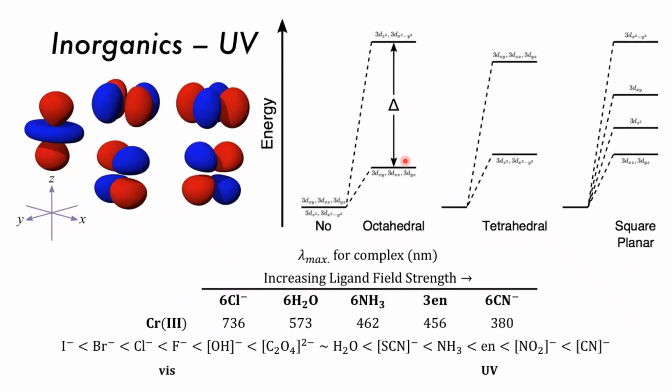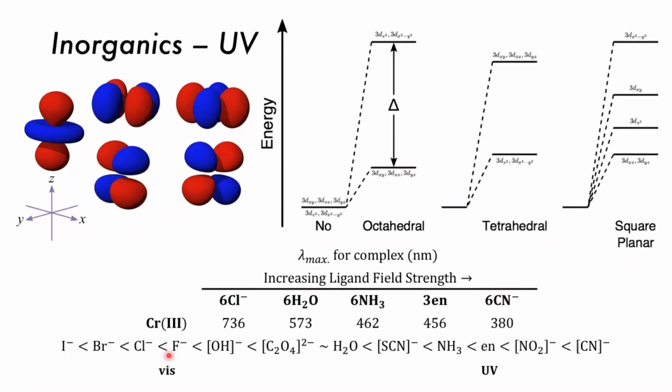These changes affect the energy of the HOMO and the LUMO. Depending on what ion or molecule is bonded to the central metal ion, this changes the HOMO-LUMO gap, which changes the wavelength that is absorbed. So the wavelength absorbed for a particular metal ion is ligand dependent.